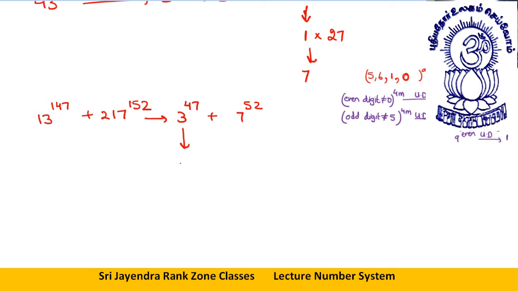I'll write this as 3 raised to power 44, divide this by 4, times 3 raised to power 3, plus 7 raised to power 52, which is a multiple of 4. Any odd digit raised to a power that is a multiple of 4 will give me 1, so it is 1 into 27. So you get 7 plus 1, that is 8, my dear students.